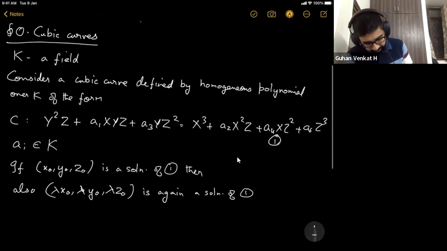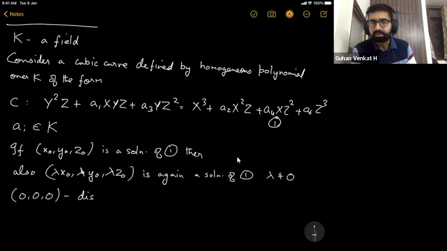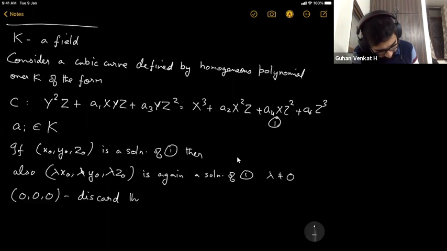Of course, there's also the trivial solution (0, 0, 0), and we want to discard this to get something nice in projective space.